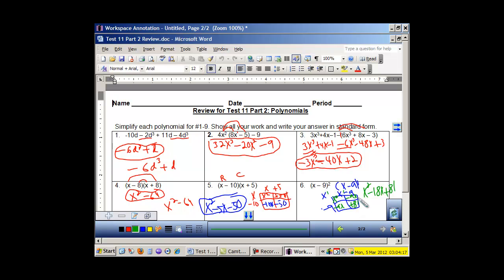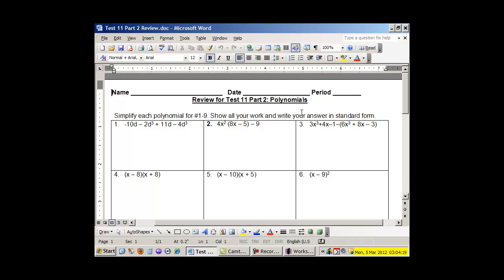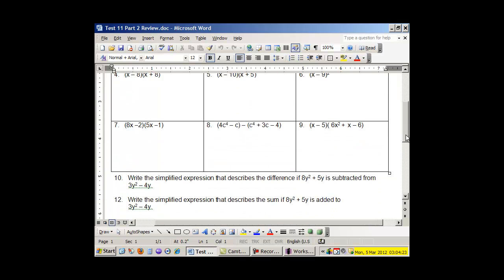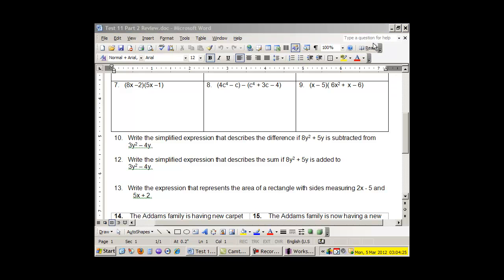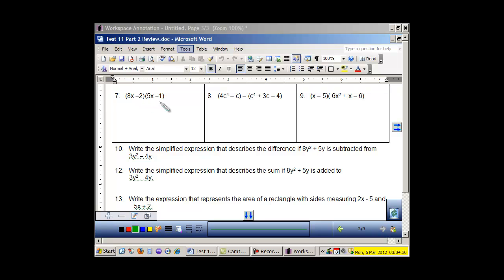Moving right along. Moving down. Add these three. Same thing, we're going to do the box. I have 8x minus 2, 5x minus 1.